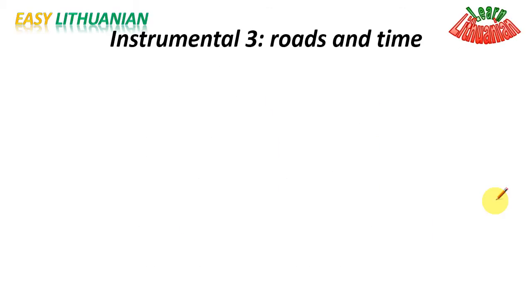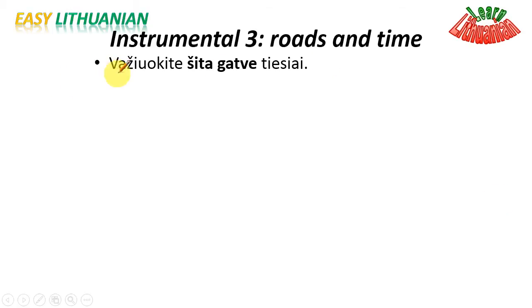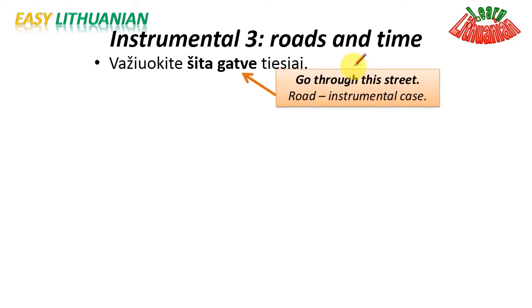Now the third usage, roads and time. So let's see what about this usage. Važiuokite šitą gatvę tiesiai. Go along this street straight, or to go through this street.